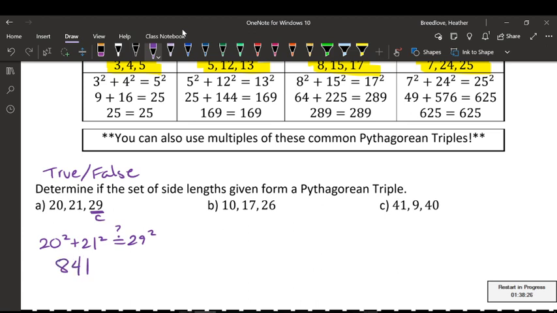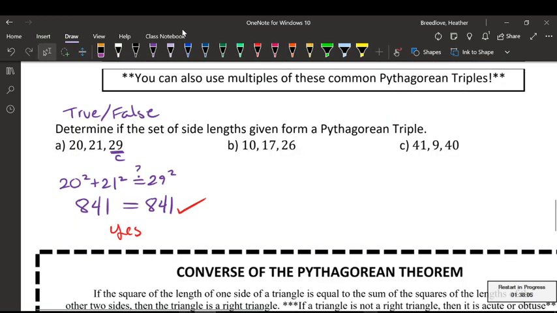So does 841 equal 29 squared? 29 squared is 841. So yes, it does. This is yes, because 841 equals 841. Try the next one.